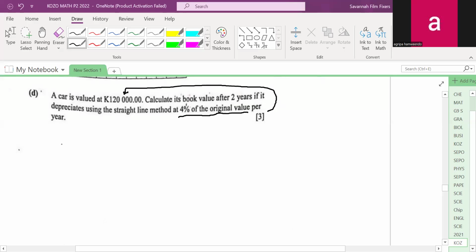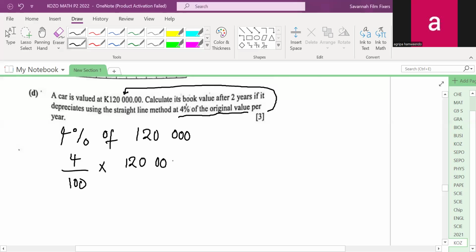We first have to see how much is depreciated in 1 year. So we have to find 4% of 120,000 kwacha, so 4 over 100 multiplied by 120,000 kwacha.